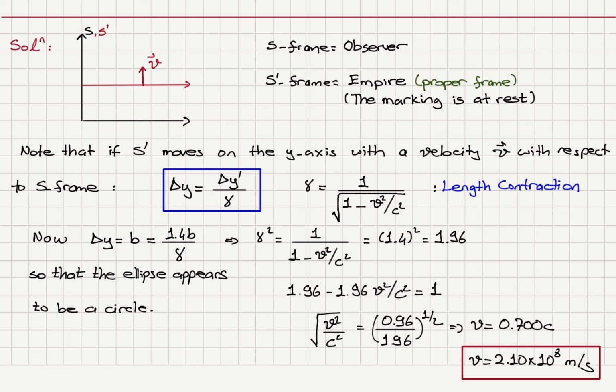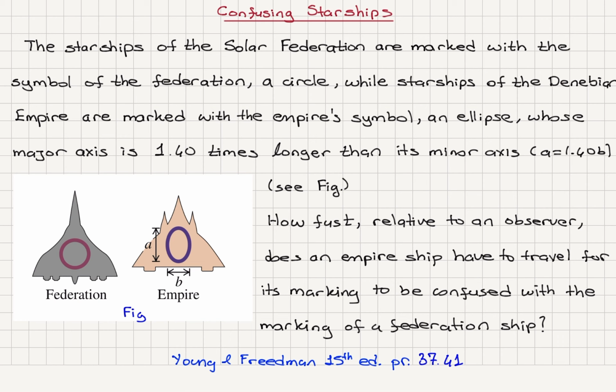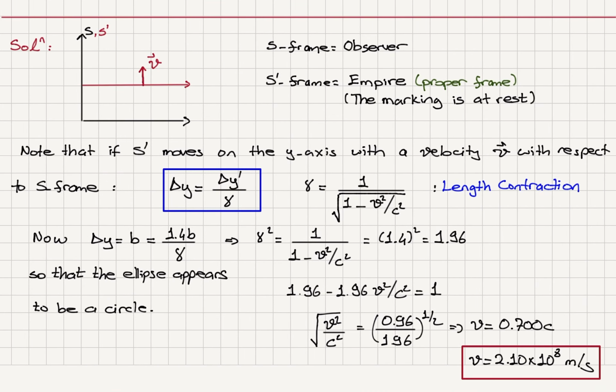Well, if you look at the Empire ship moving with relative speed v on the y-axis with respect to the S reference frame observer, the length measured for this marking on the y-axis in the Empire ship is correct. Because it's the proper frame, the marking is at rest in this reference frame. As for the S reference frame, we have length contraction. Delta y prime divided by gamma will be the length measured.